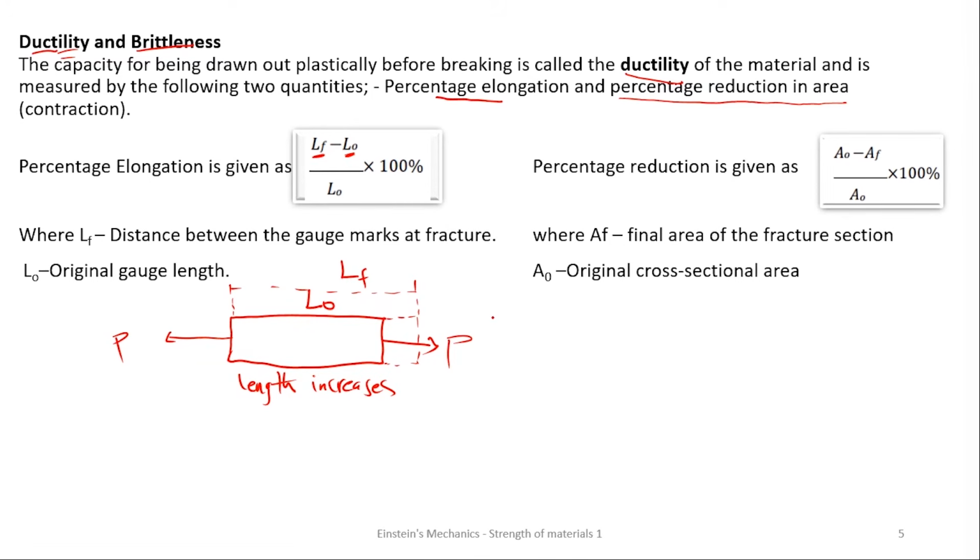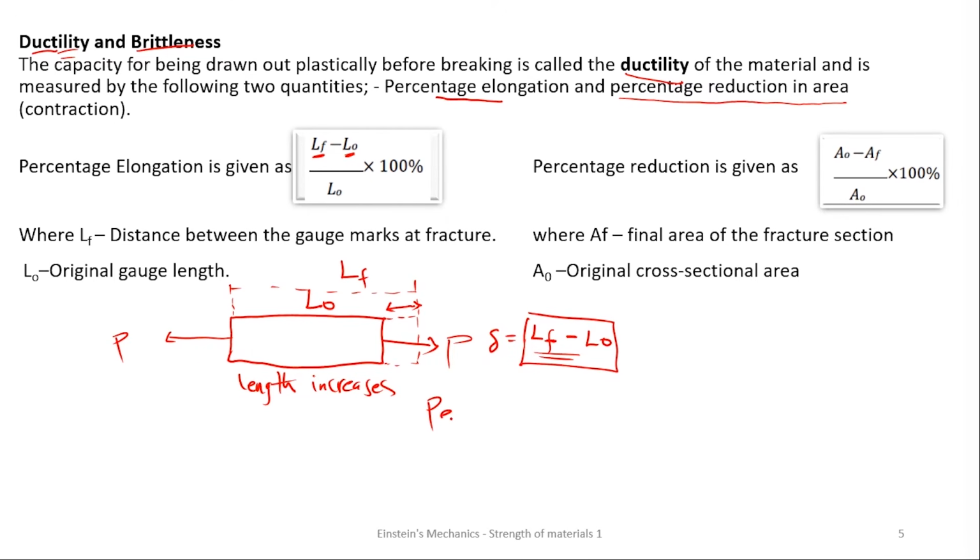So can we say that the elongation here was the final length minus the initial length? This is the elongation produced. That's quite interesting. So this is the elongation produced, and we know percentage.